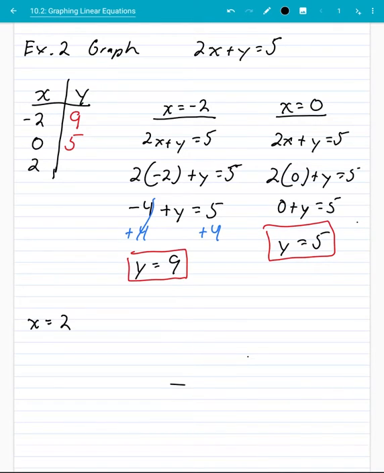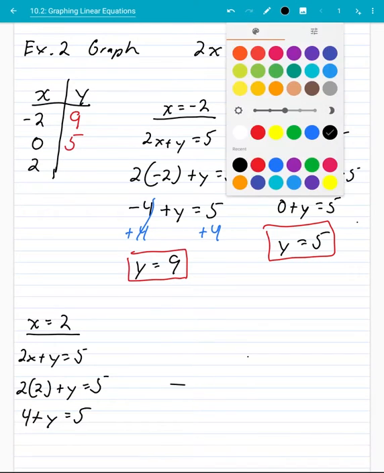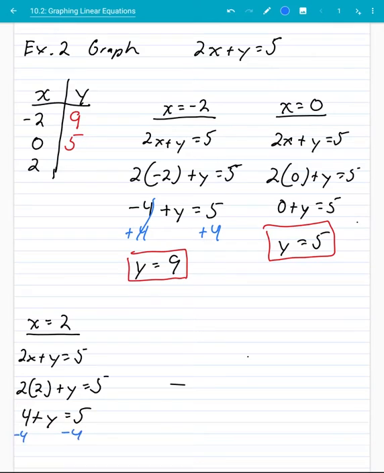X equals 2. So 2x plus y equals 5. Substitute a 2 in. 2 times 2 makes 4, plus y equals 5. You're going to have to subtract 4 on both sides. And you end up getting y equals 1.